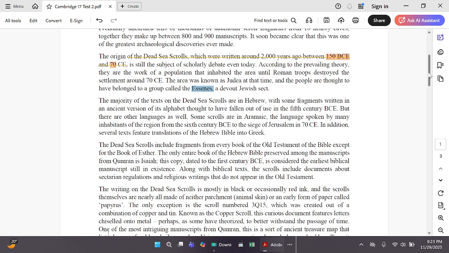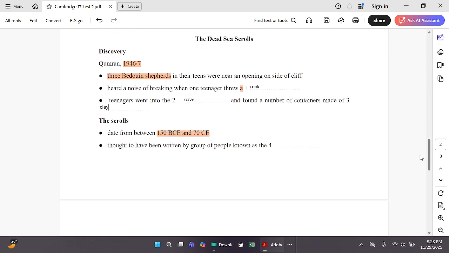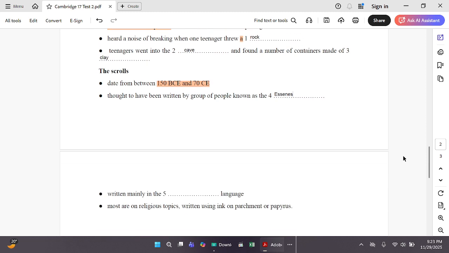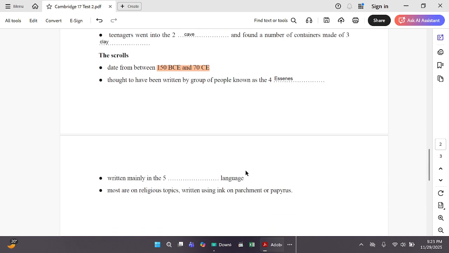So here the answer is Essenes. Okay, this is our answer. And the next question is the last but not the least: written mainly in the dash language.